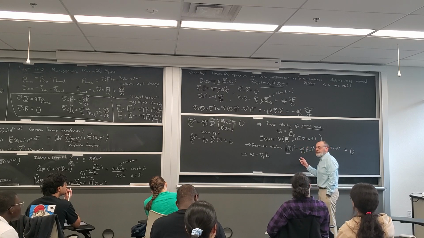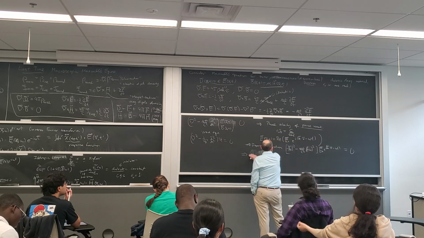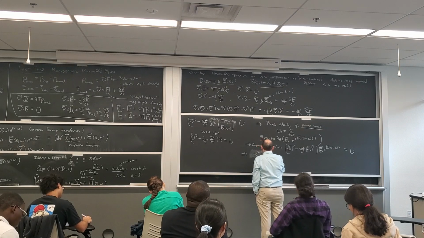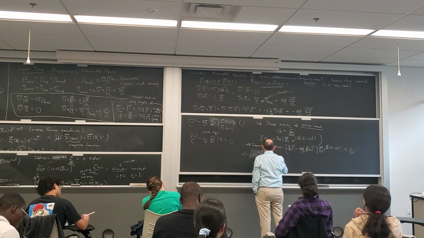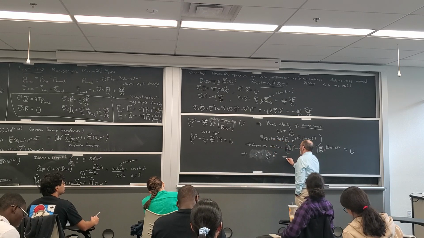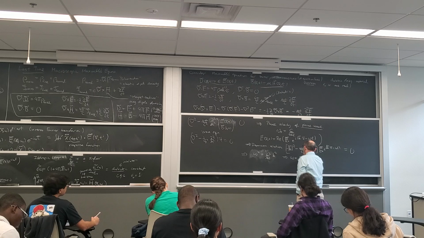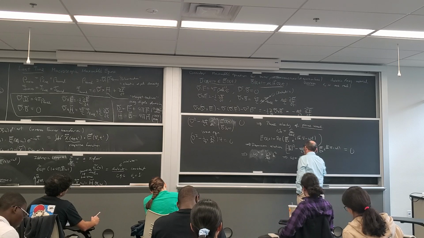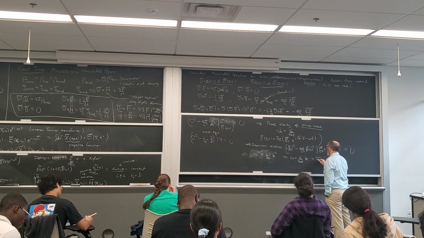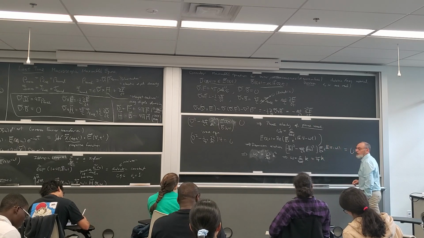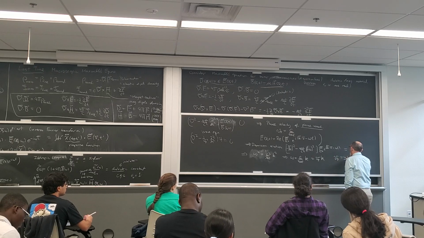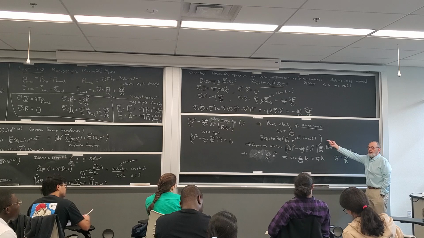Everyone see that? Let me maybe write it in fewer steps. This says omega squared is equal to c squared over mu epsilon times k squared, which says that omega is equal to c over the square root of mu times epsilon times k, which is the phase velocity, right? So the phase velocity is always equal to omega over k for a plane wave.